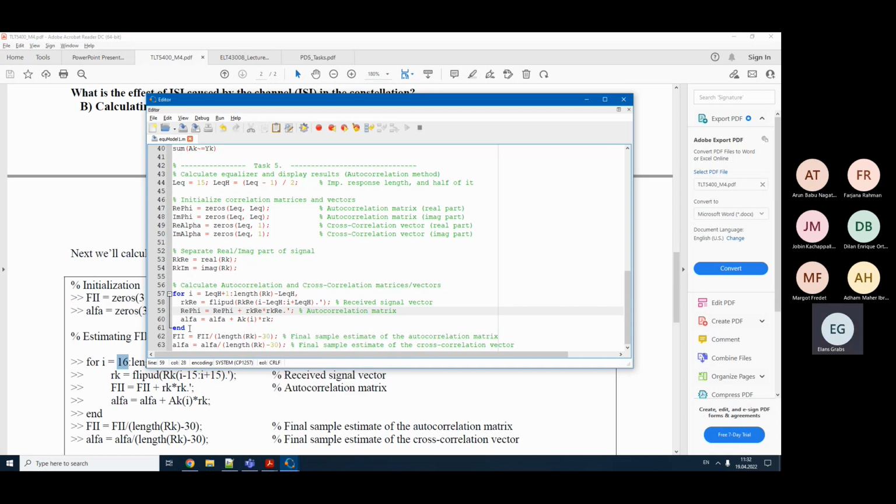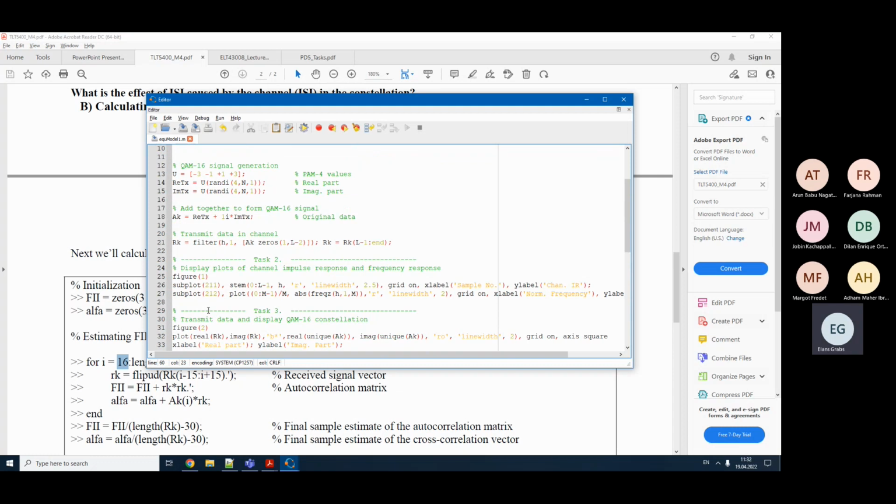And accordingly, alpha. So that is going to be real alpha and real alpha. Here we have a real part.